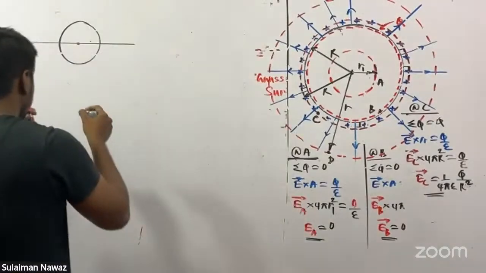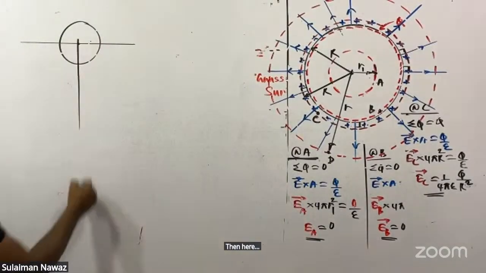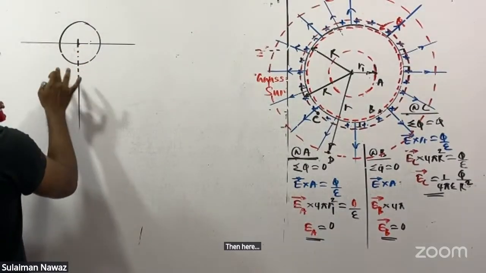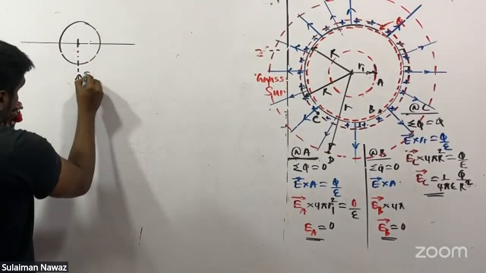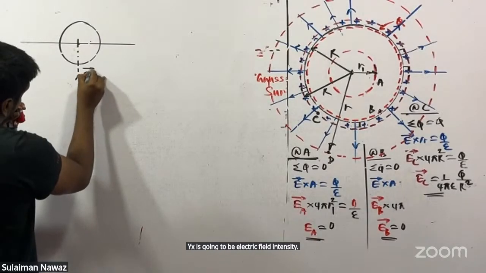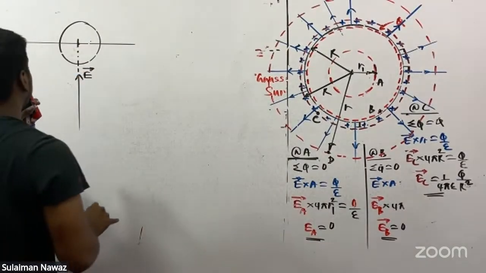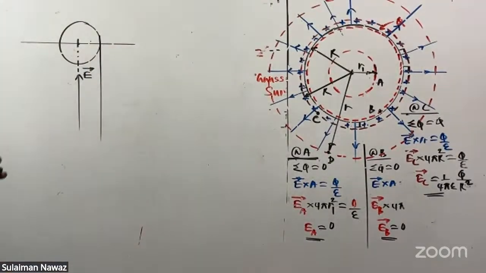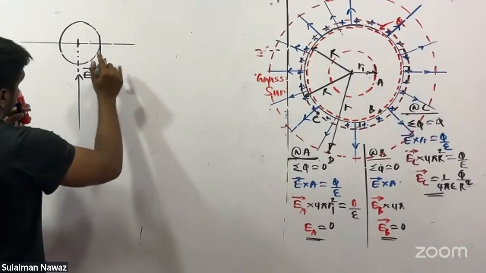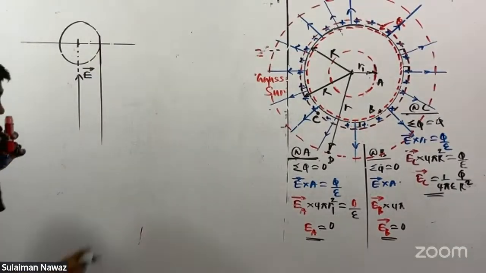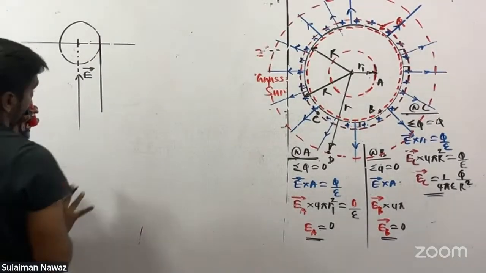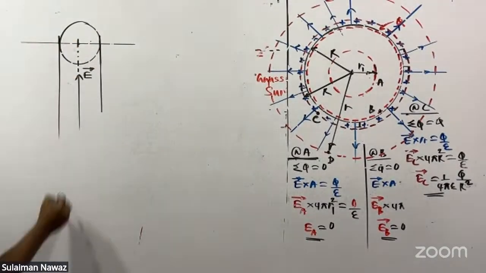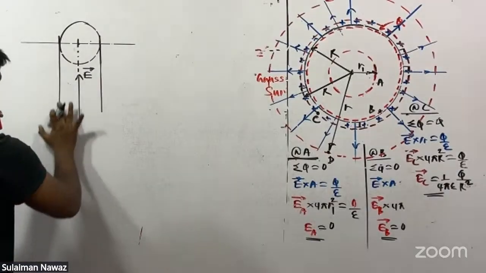Then here, the y-axis is going to be electric field intensity. Properly draw it.